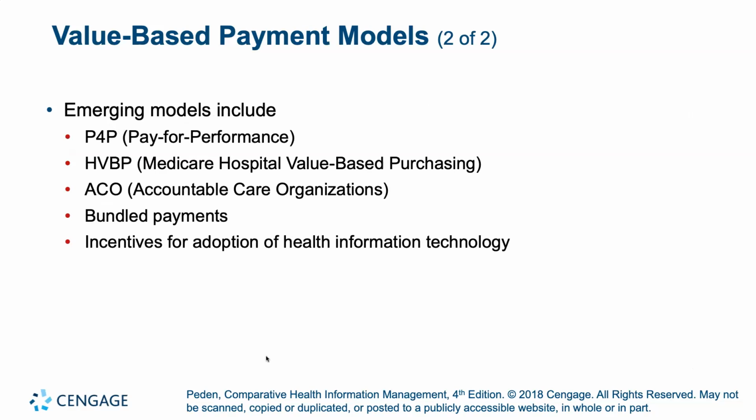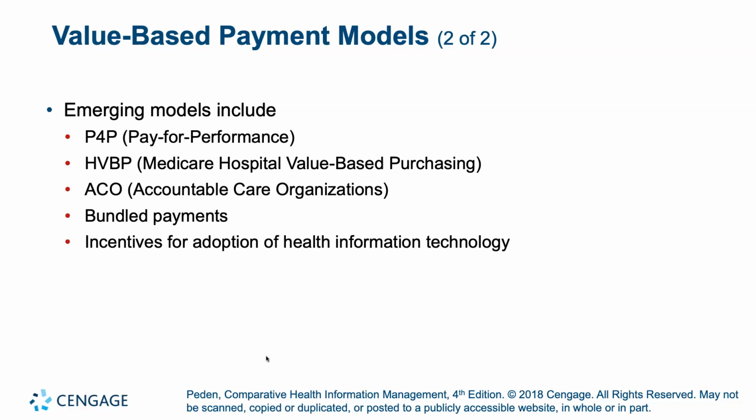Some emerging models include pay for performance, hospital value-based purchasing, ACOs, accountable care organizations, bundled payments, and incentives for adoption of health information technology. And I will tell you that pay for performance is here to stay.